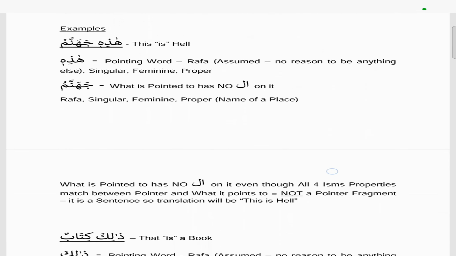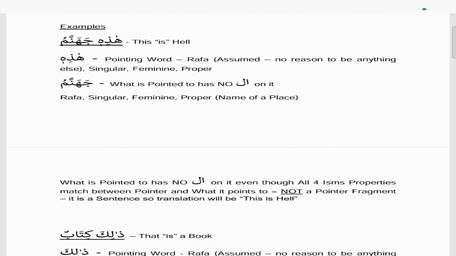So here's an example. We have hazihi jahannamu. I think this is the same example we used in the pointer section. It means this is hell. So hazihi is a pointing word. It's rafa. We assume that it's rafa because there's no reason for it to be anything else. If you remember, the singular and plural pointing words are non-flexible.